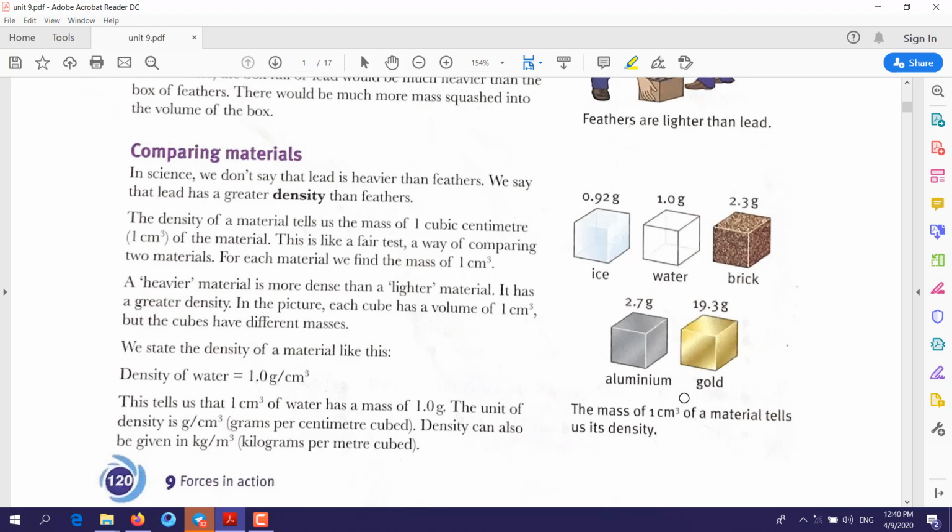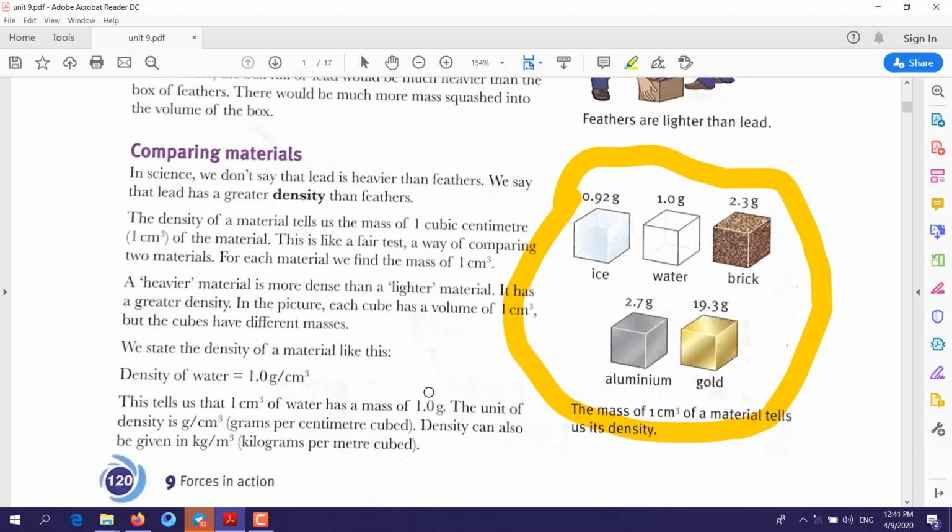All of them have the same volume, but look at the mass: 0.92 grams, 1 gram, 2.3 grams, 2.7 grams, 19.3 grams. The mass of 1 cubic centimeter of a material tells us the density. If we want to compare these substances, we compare them by their density.